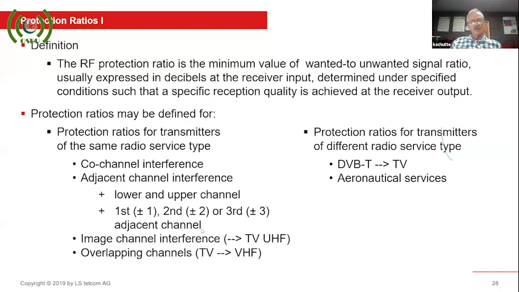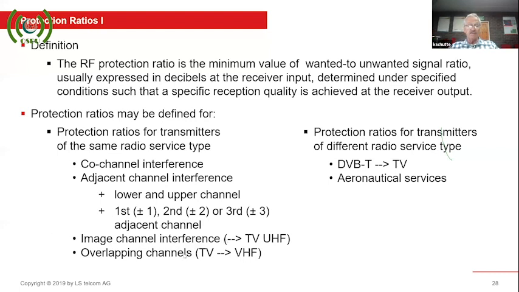Then in the past, the image channel was also an issue, but nowadays, in most cases, I haven't found many planning scenarios where we had to cater for the image channel, which is the lower mix of the sound and the video carrier, and the upper one.